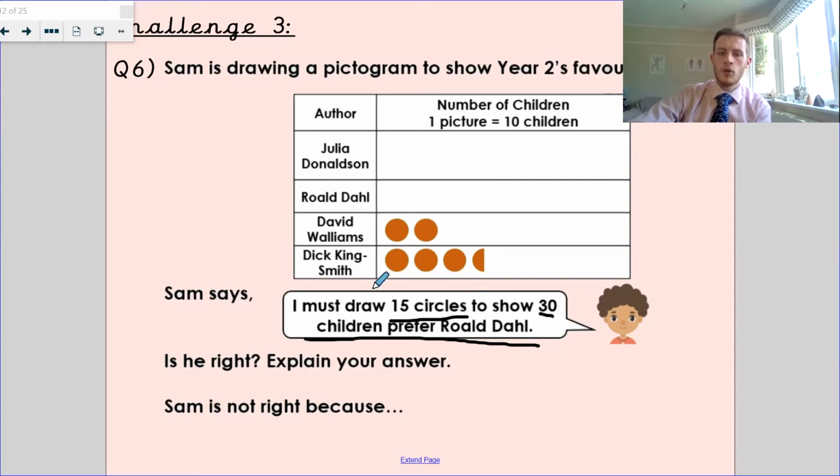It says that one picture or one circle equals 10 children. Sam says I need to draw 15 circles to show 30 children prefer Roald Dahl. Is he right? Explain your answer. Sam is not right because, and then explain your answer.